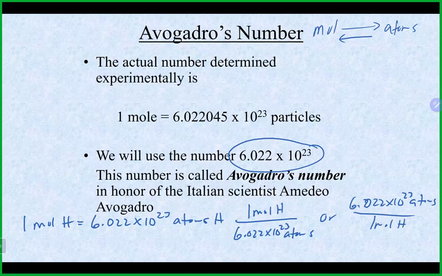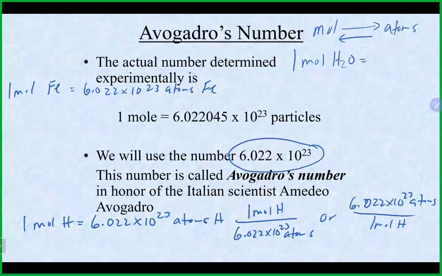If I had 1 mole of iron, it would also be 6.022 times 10 to the 23 atoms of iron, which again, you could write the 2 conversion factors. If I had 1 mole of water, how many molecules would I have? I would still have 6.022 times 10 to the 23 molecules here. So 6.022 times 10 to the 23 molecules of water.